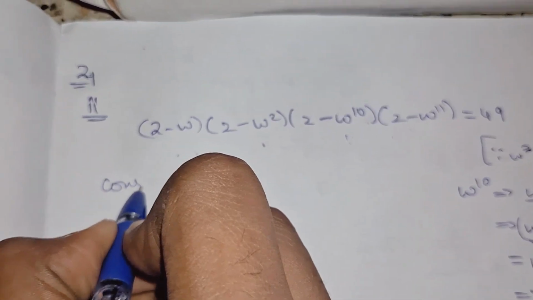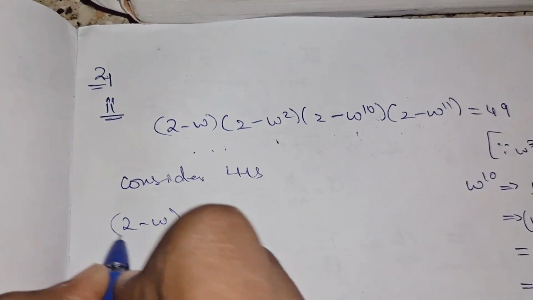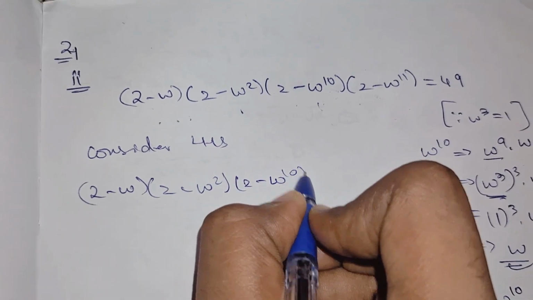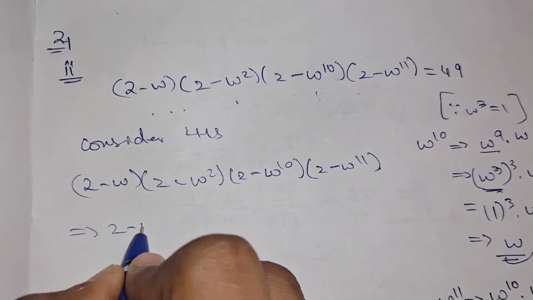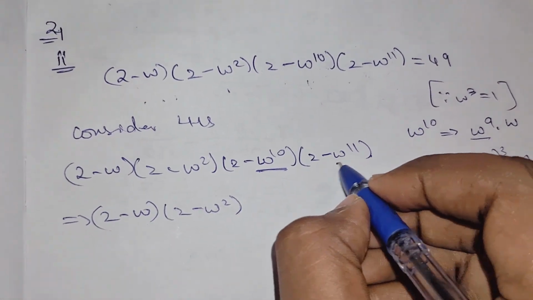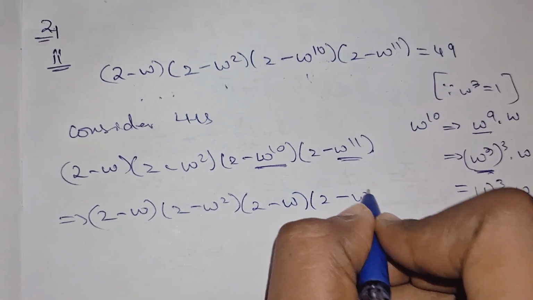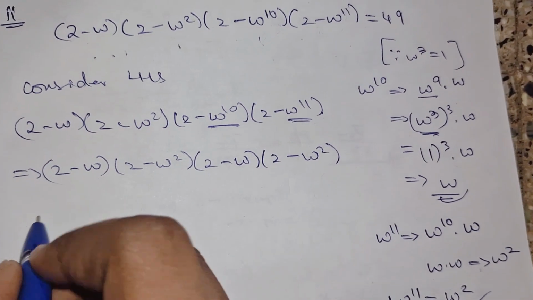So first we'll consider the LHS. That is (2 minus omega), (2 minus omega square), (2 minus omega to the power 10), (2 minus omega to the power 11). Then we will substitute omega to the power 10 and omega to the power 11 as omega and omega square. I have shown you how we can substitute it.